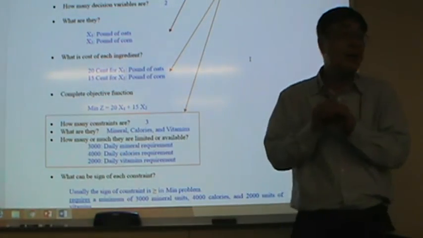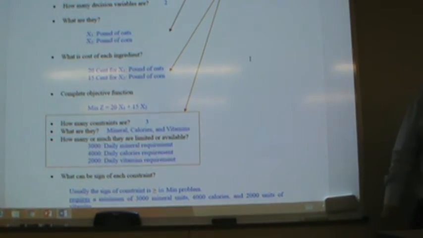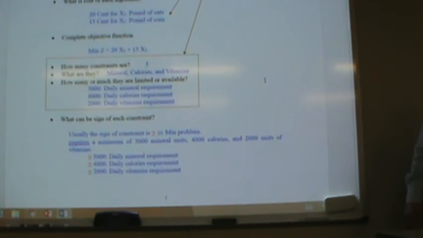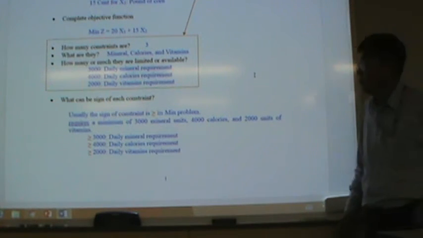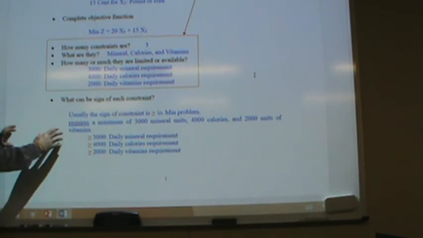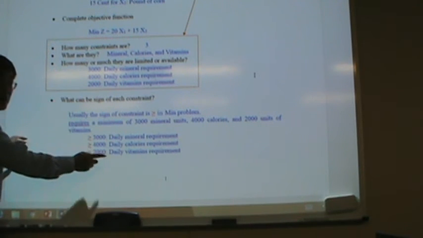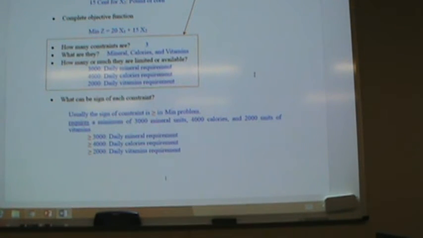Requirement means at least, right? So the sign for the constraint part will be that the left-hand side should be greater than or equal to this many, this many, this many.